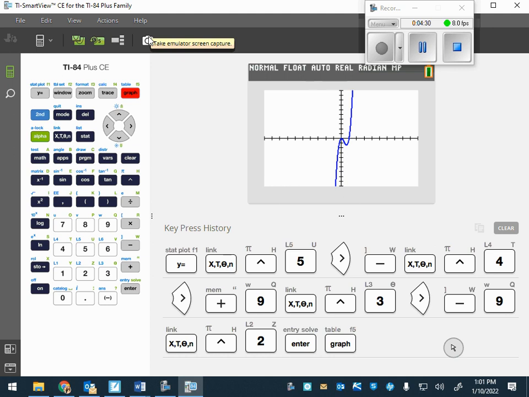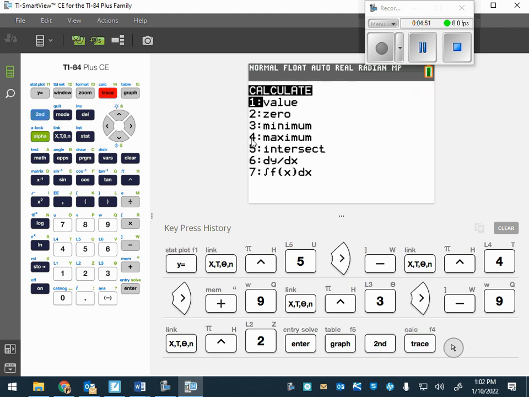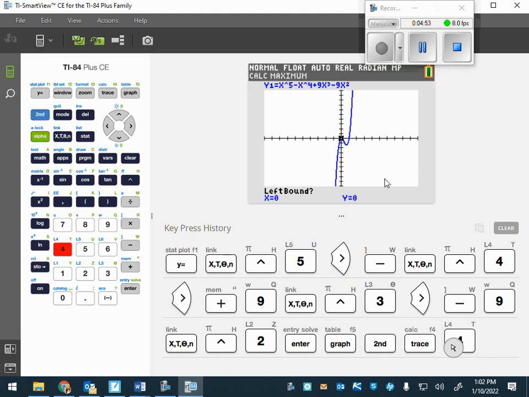Now I'm just going to leave it as is. So I want to find the maximum, which maximum and minimums are always your turning points. Maximum from increase to decrease, minimum decrease to increase. Here we have one of each, okay, because we have two that are imaginary. So from here, second trace. Number 4 is your maximum, okay?